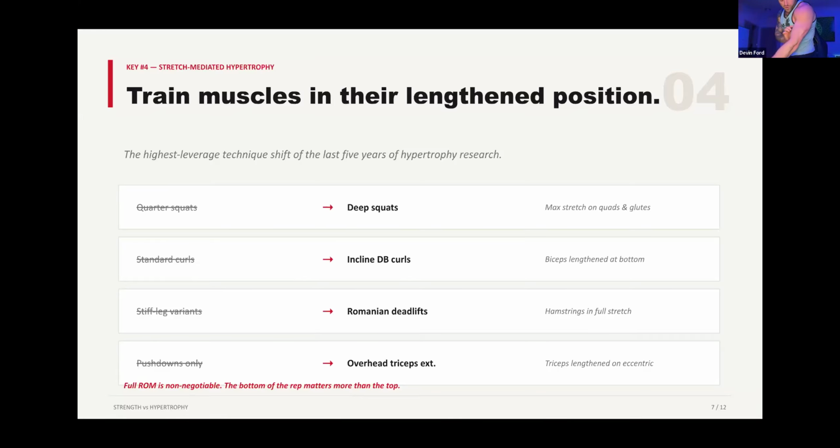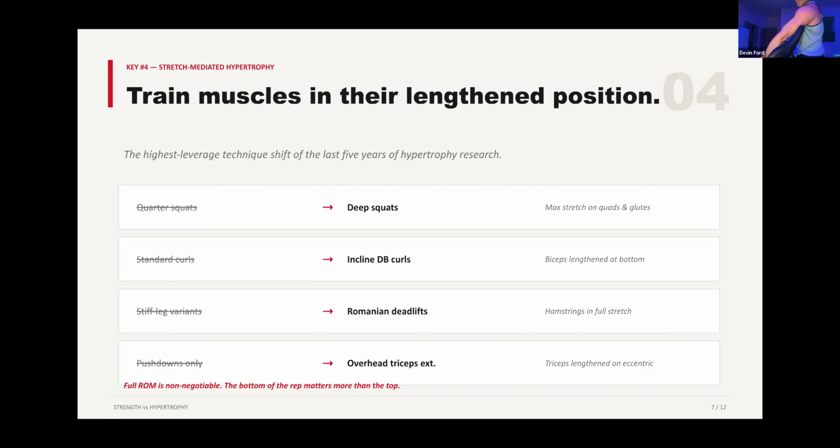If I wanted to force the muscle to stretch more and apply more force, then I could do something like an incline dumbbell curl. Now, if I do this, do you see how it's stretching the bicep more?